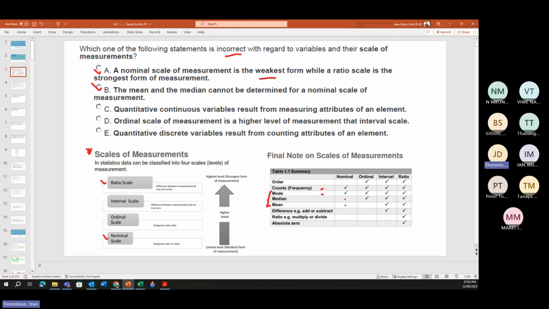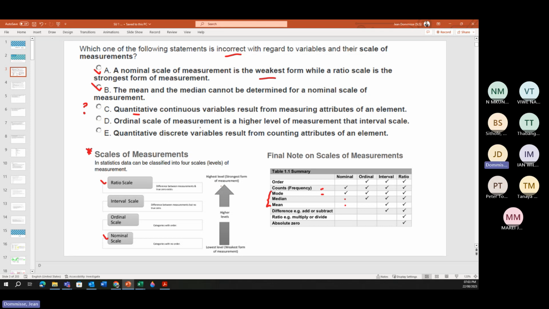So let's look at quantitative continuous variables result from measuring attributes of an element. Okay, not 100% sure about that one.